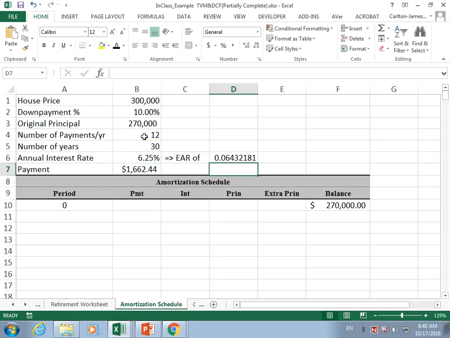Okay. And so this then is 6.25% compounded every month, which is 6.43% per year.